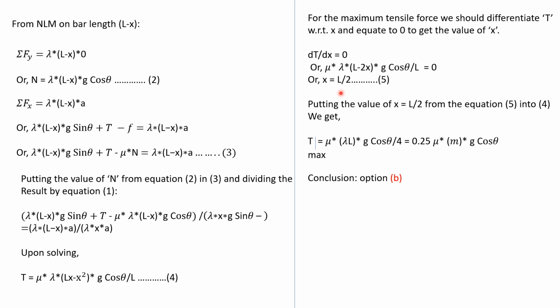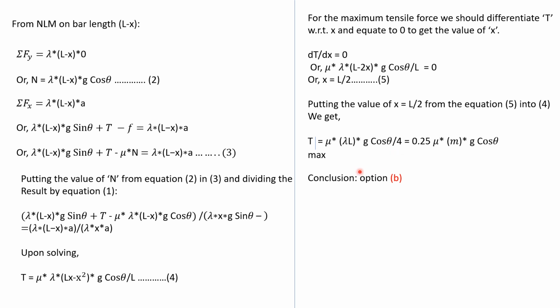This is the value of x at which the tensile force will be maximum. So in equation 4, when we keep the x value as L by 2, the tensile force will be maximum. So this is what is written here, T max.